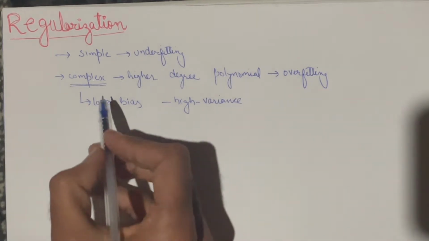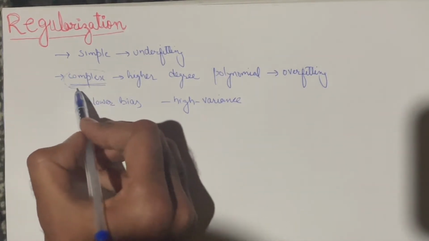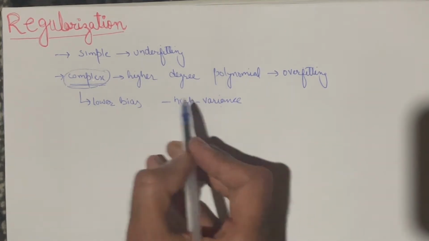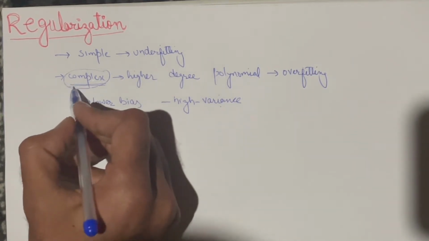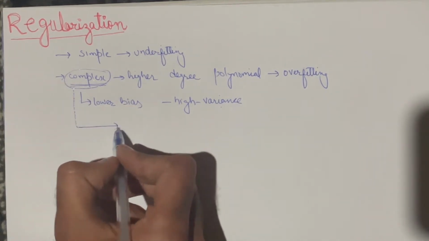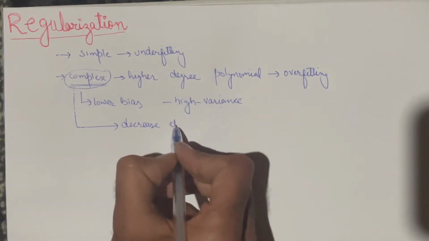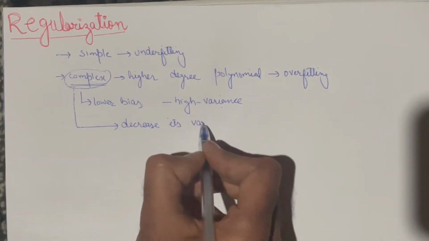So what we are going to do, we will use this complex model because our aim is lower bias and low variance. So we will use this complex model, but we will try to decrease its variance. And how can we decrease its variance?